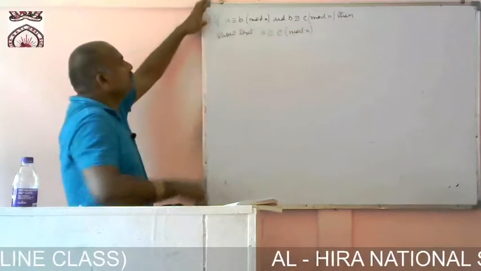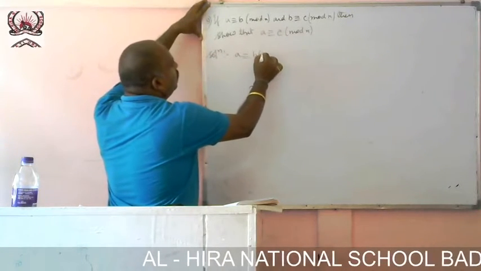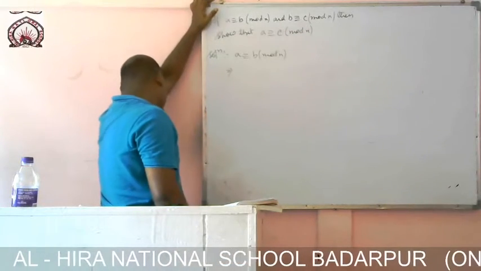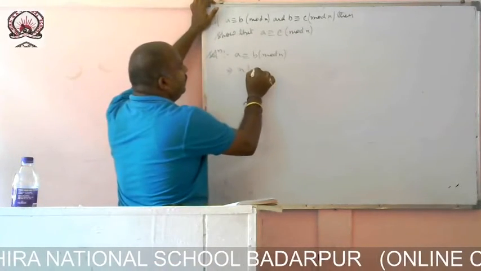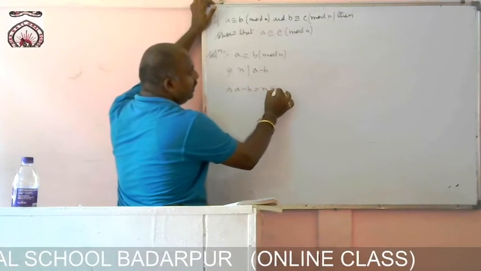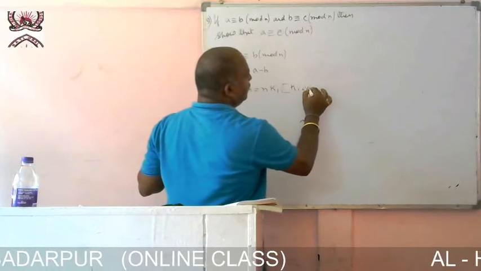Now solution. A congruent to B mod n means n divides A minus B, which implies A minus B equals n into k1, where k1 is an integer.